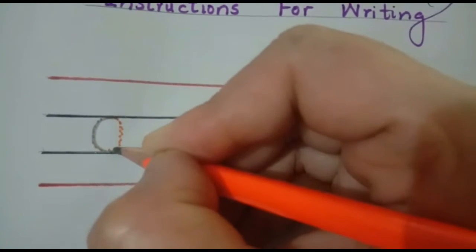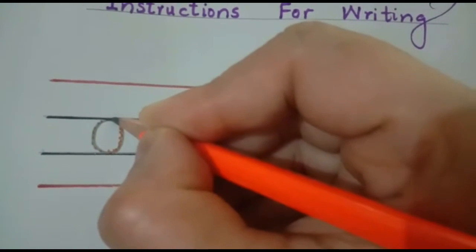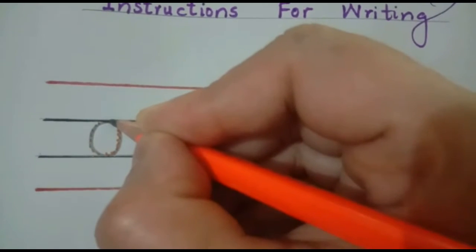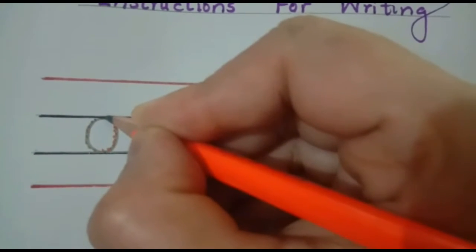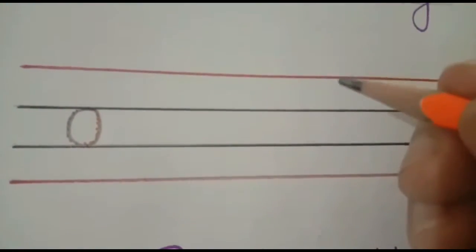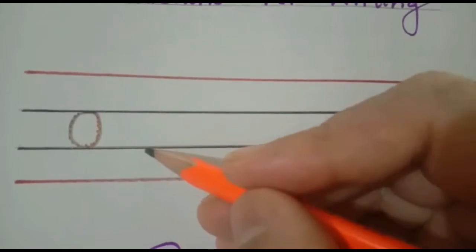Touch the baseline. Now go up, and you will make an anti-clockwise full circle, a complete circle for letter O. It should be in two lines, middle and base.